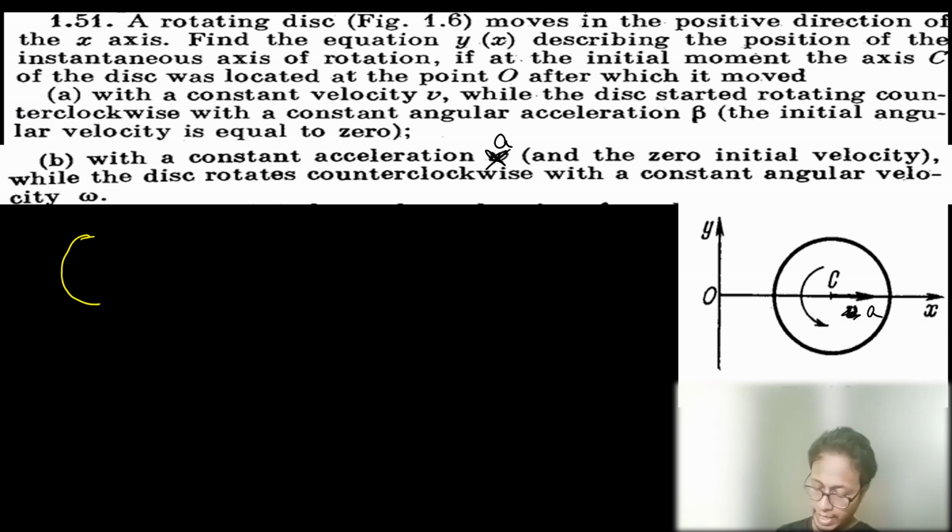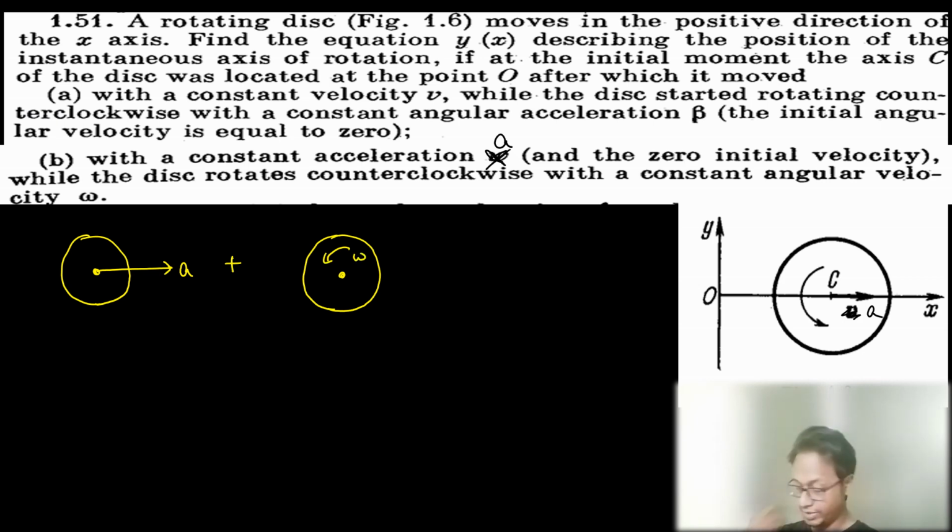That means the linear acceleration of the disk is a, whereas the angular velocity in the counterclockwise direction is equal to omega, and this angular velocity is constant. And we must find the instantaneous axis of rotation. That means a point from the center at which the effective velocity becomes zero.